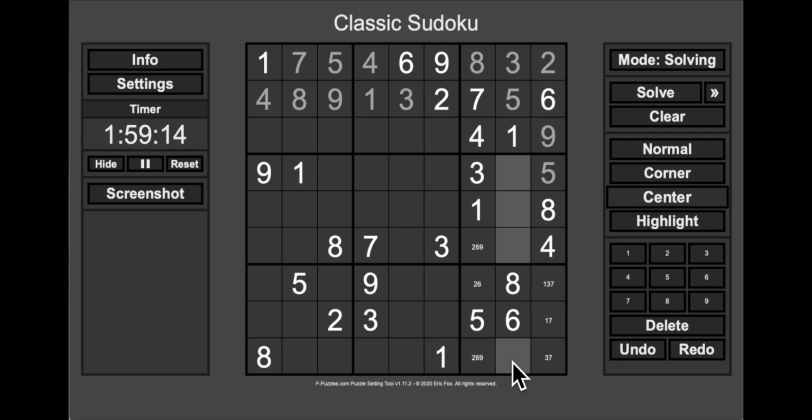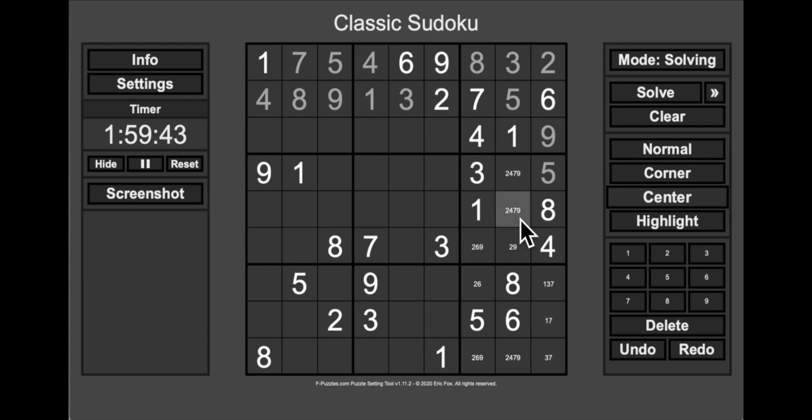Column 8, I have 5 digits placed. I need 2, 4, 7, and 9. This can't be 7 or 4.